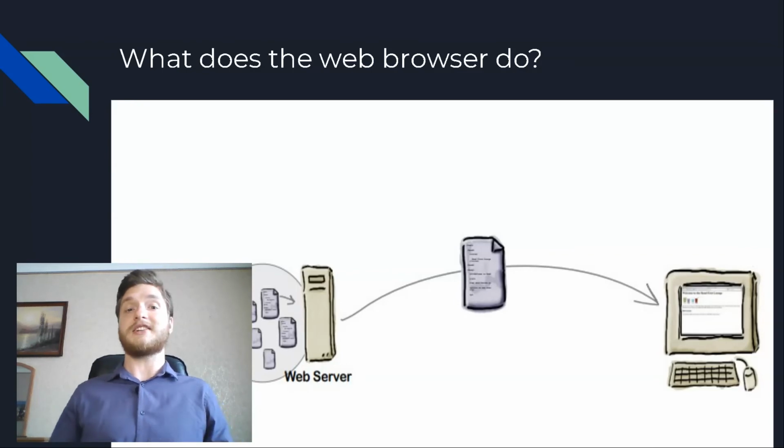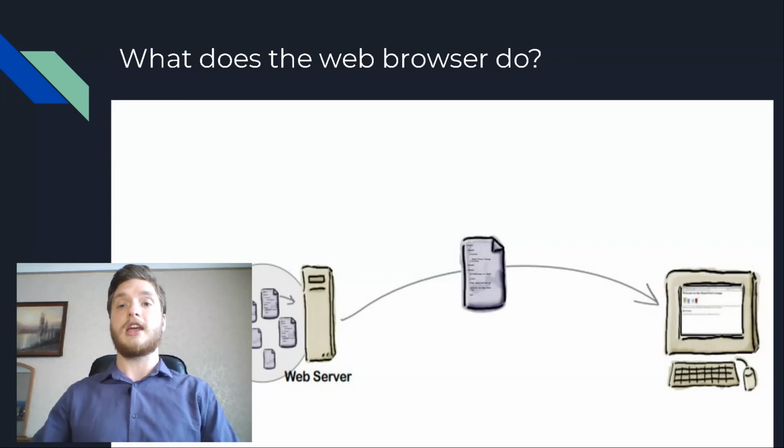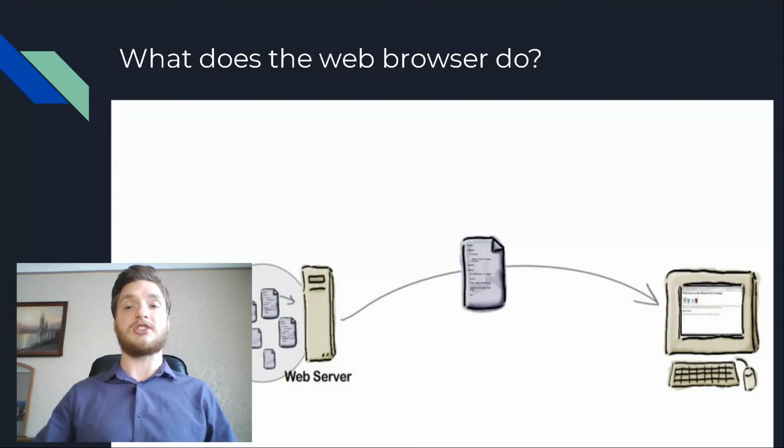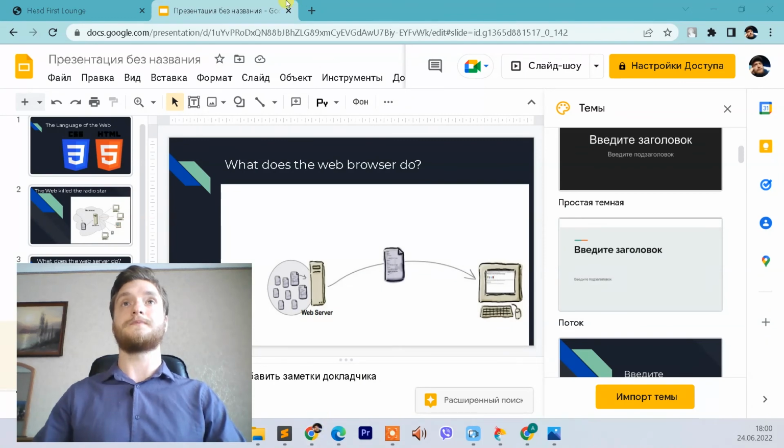So rather than just giving the browser a bunch of text, with HTML you can use tags to tell the browser what text is in a heading, what text is a paragraph, what text needs to be emphasized, or even where images need to be placed. Let's check out how the browser interprets the tags in the Head First Lounge. Notice how each tag in the HTML maps to what the browser displays. Look.